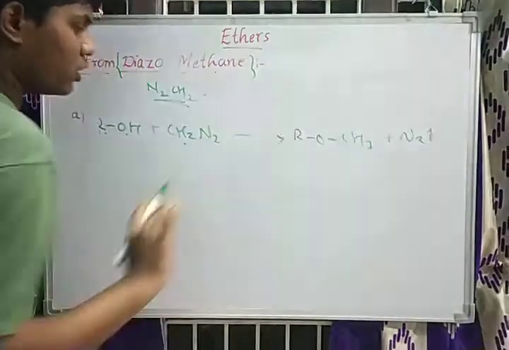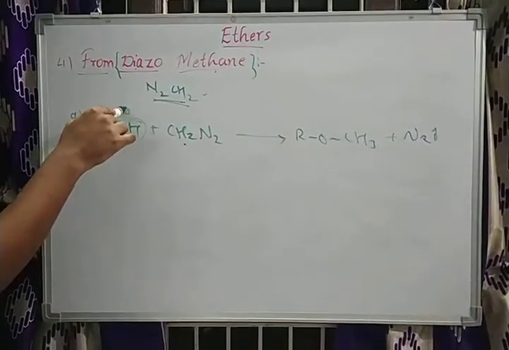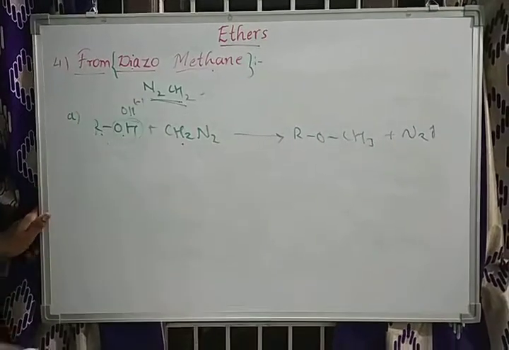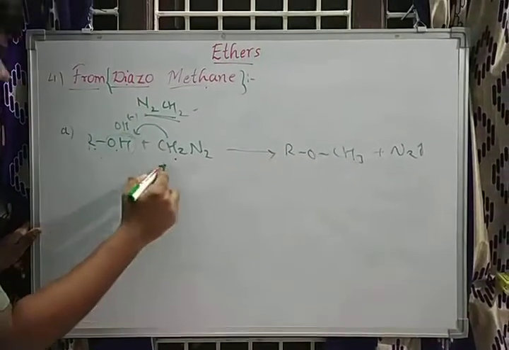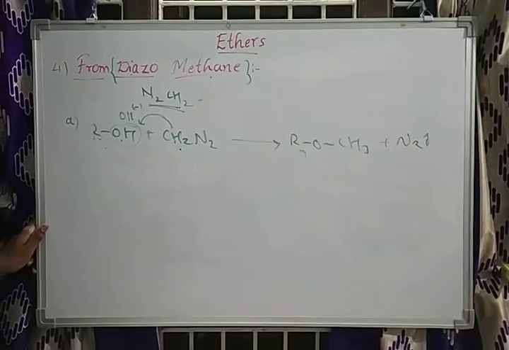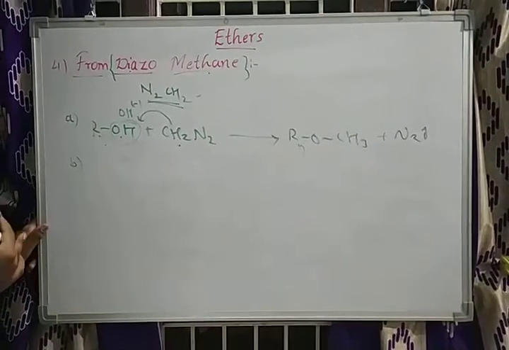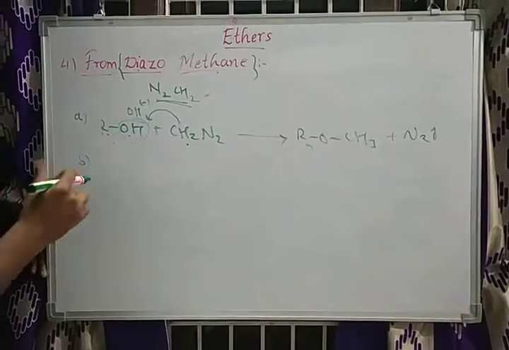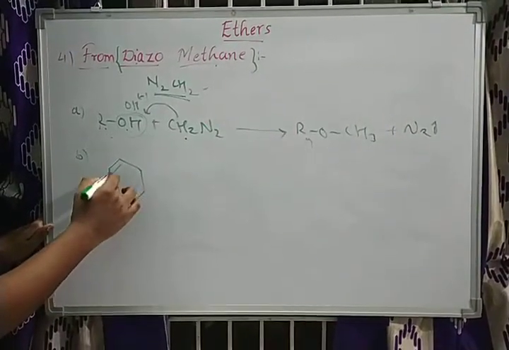So the mechanism, did you understand? Here it is OH minus. From this OH minus, CH2 will attack here, and that leads to the formation of ROCH3. And mainly, what happens if we take a phenyl ring, phenyl in the sense benzene ring?